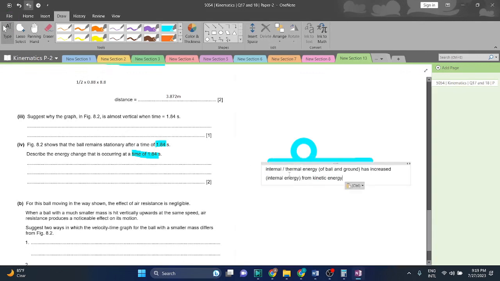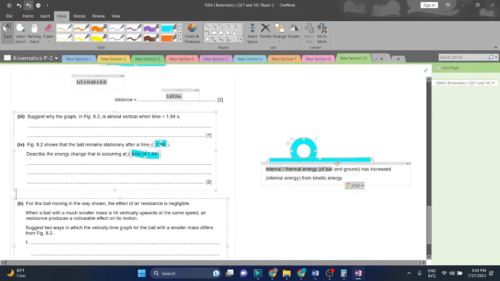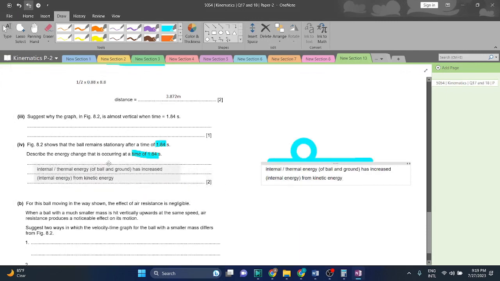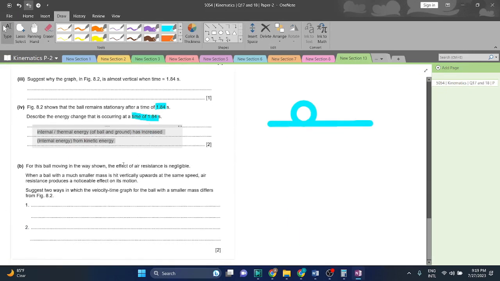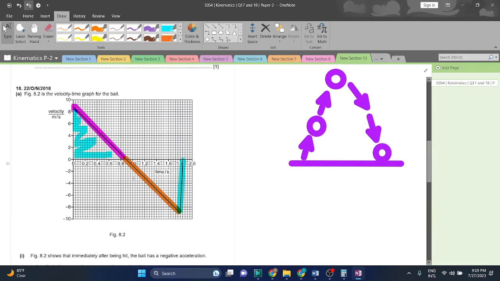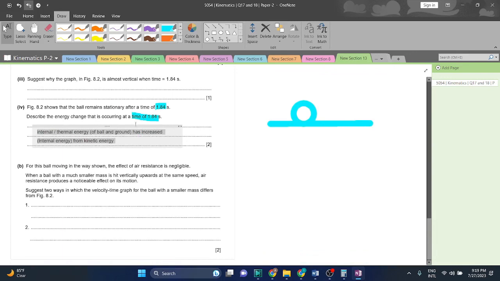So now we copy this, put it here, and look further. For this ball moving in the way shown, the effect of air resistance is negligible. That's what they're saying. When a ball has a much smaller mass and is hit vertically upwards at the same speed, air resistance produces a noticeable effect on the motion.